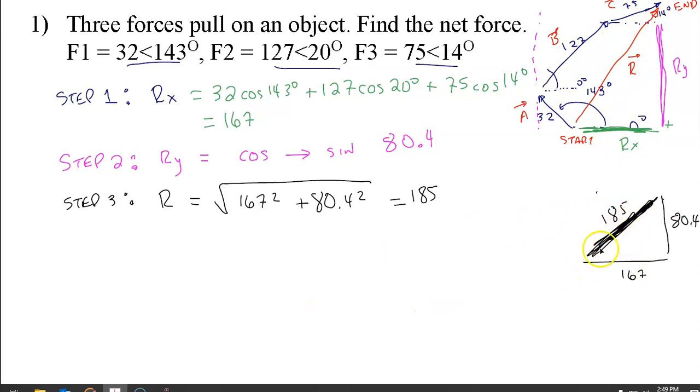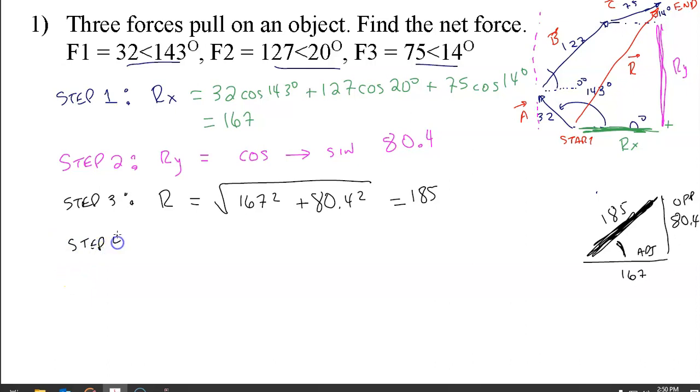I'd also like to know that angle, and the angle we're interested in would be this right here. And so notice that I know the opposite, and I know the adjacent. Opposite and adjacent make me think of tangent.